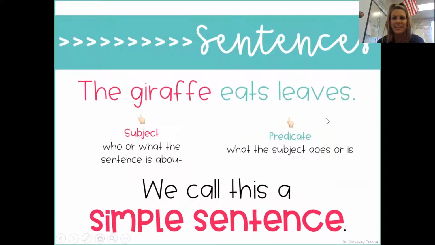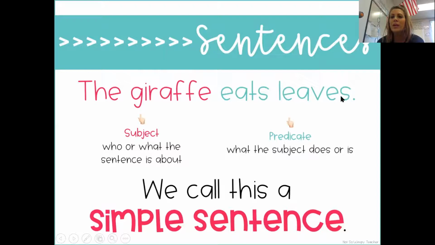Ready? All right. So here is a nice, simple sentence. The giraffe eats leaves, okay? If you notice, the giraffe is red because the giraffe is the subject in the sentence. That's who or what the sentence is about.